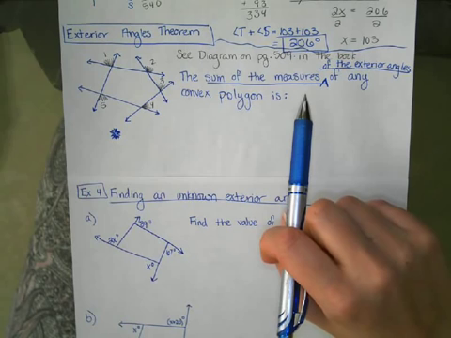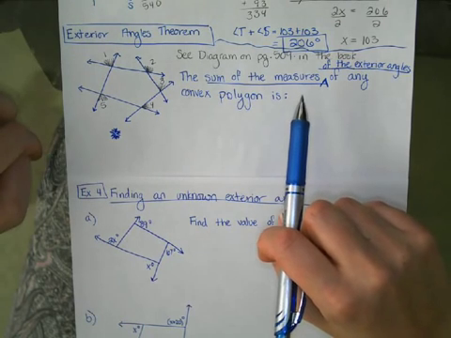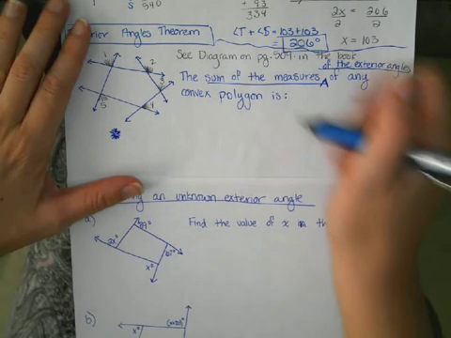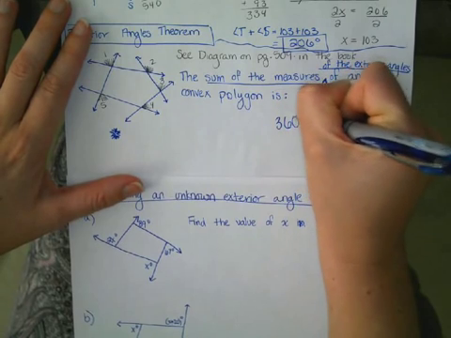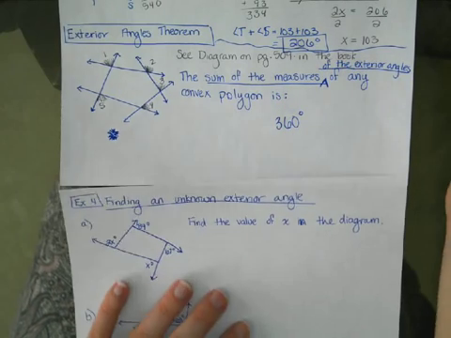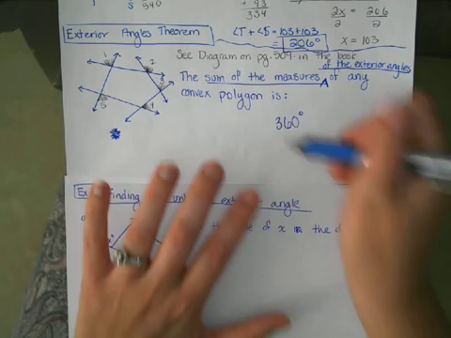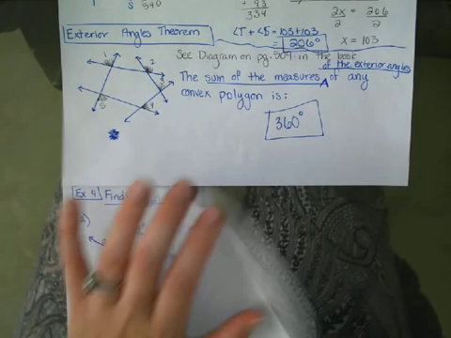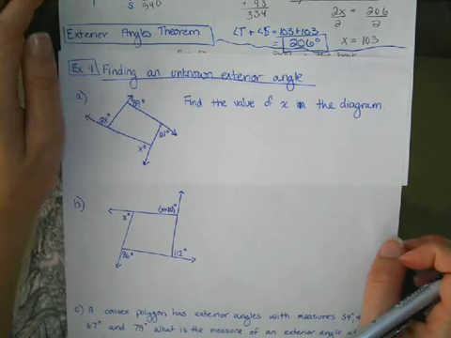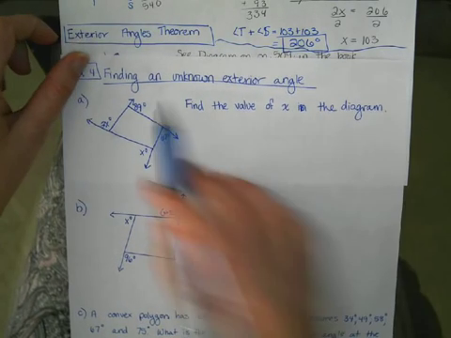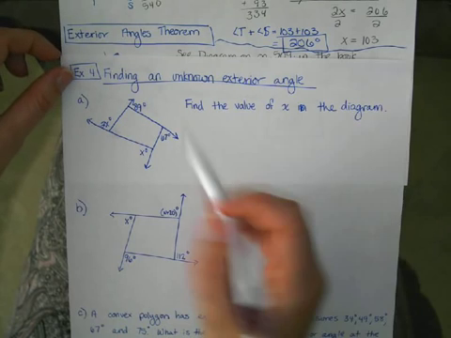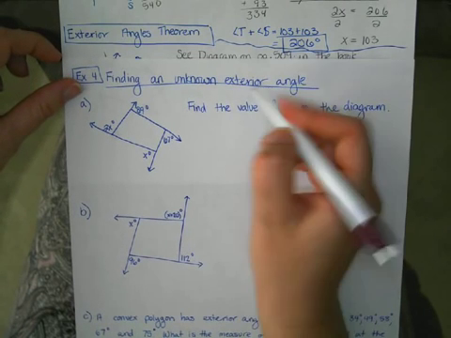Okay, next part. It says finding an unknown exterior angle. Well, what's the key thing we need to know about the exterior? 360 degrees. So it says find the value of x in the diagram. So we're going to do what? Any ideas? Add them up and set them equal to 360. Just like we did here before, except we had an extra step because we had to do this part.